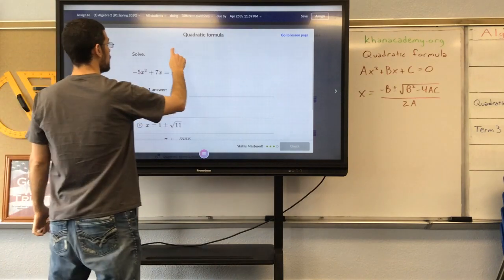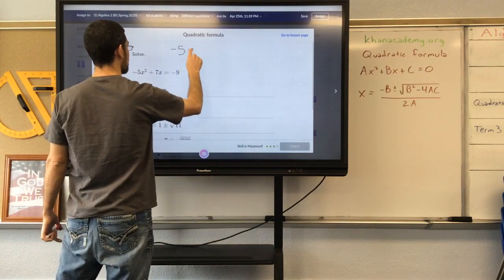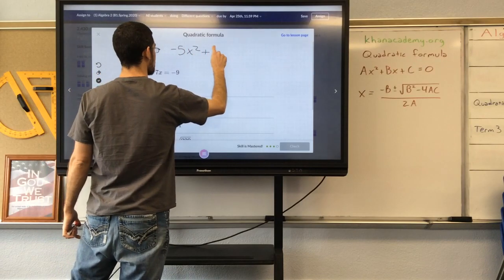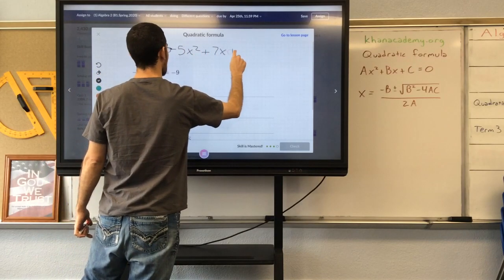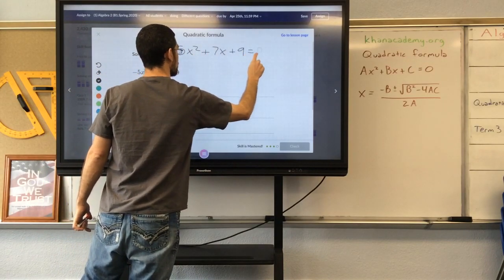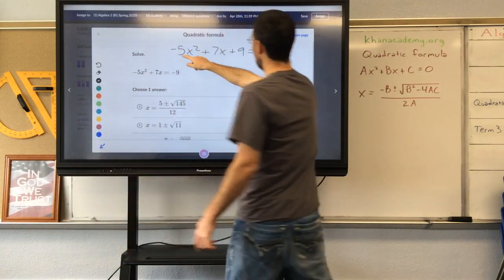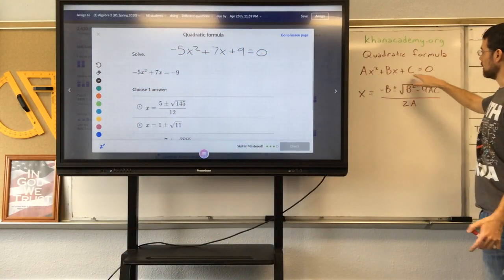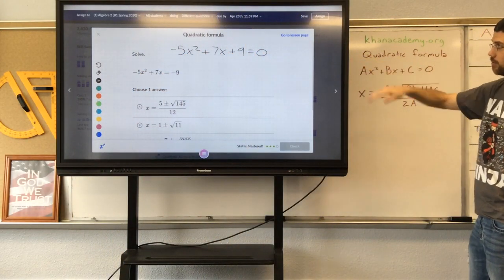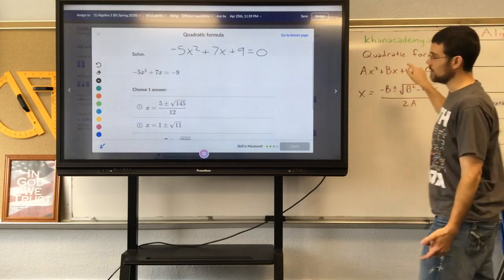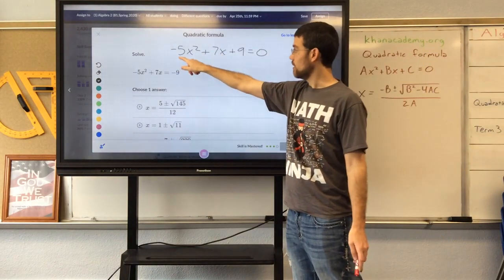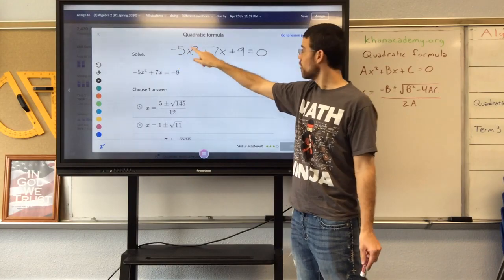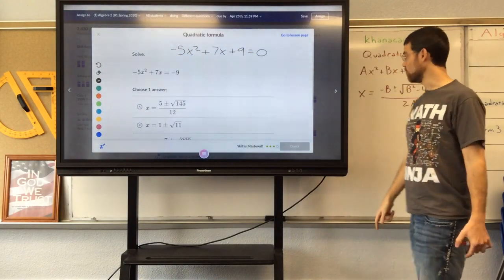So we get negative 5x squared plus 7x plus 9 equals 0. So now we have a quadratic function set equal to 0. So a, b, and c in this particular case are negative 5, 7, and 9 respectively.